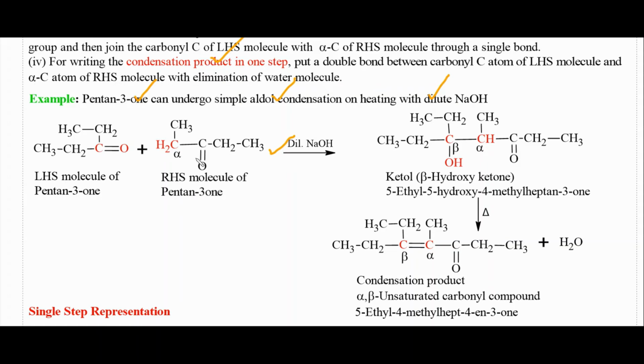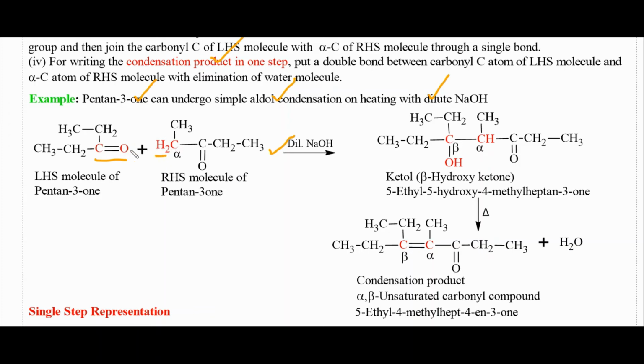The trick depends on the way in which the LHS molecule and RHS molecule are represented. When you write the LHS molecule, remember it should be written in such a way that the carbonyl oxygen atom points towards the right end. When you write the RHS molecule, remember the alpha carbon atom or alpha hydrogen atom should point towards the left end.